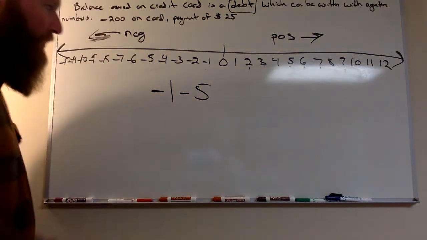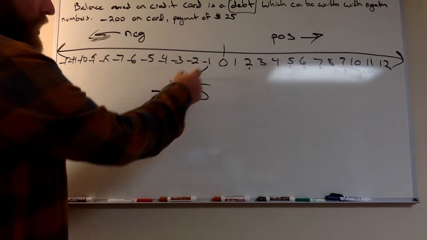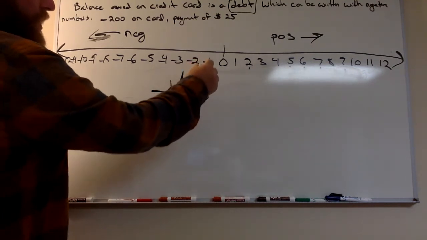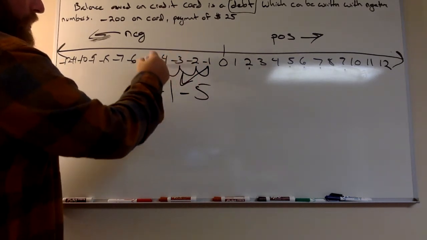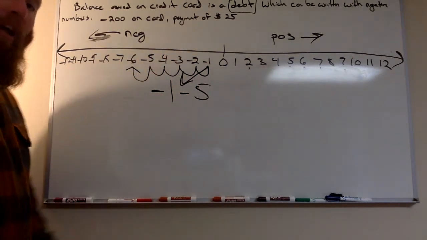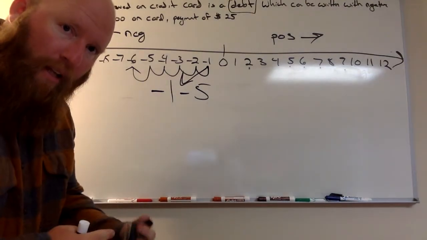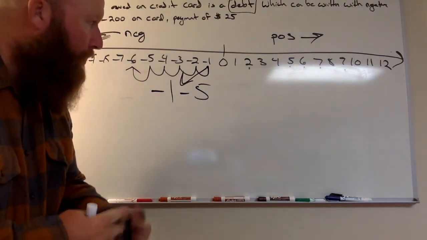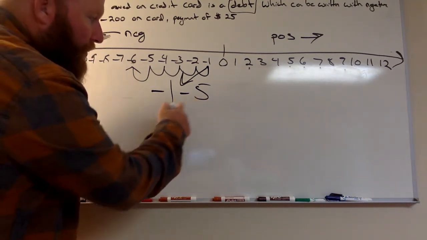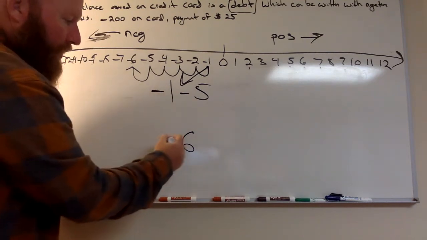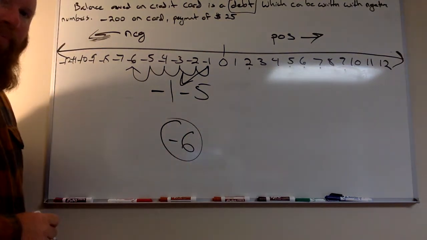So I'm going from the negative 1 because that's my original number, and I'm going to the left 5 times because this is negative. 1, 2, 3, 4, 5. I get a negative 6. The trick, if you want to help you, just to make sure to backtrack, just like using the problem probing protocol, what is 5 plus 1? Yes, it is 6. But don't forget, you're going to the left because these are negative, so you're still getting the same answer. Okay?